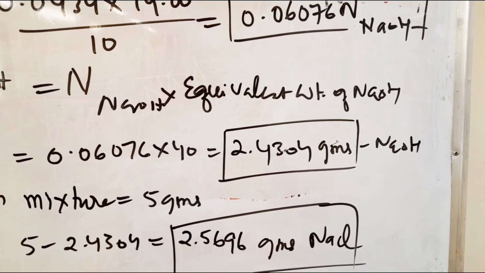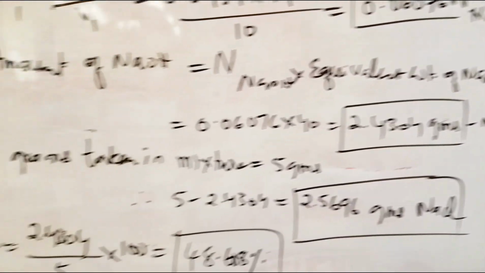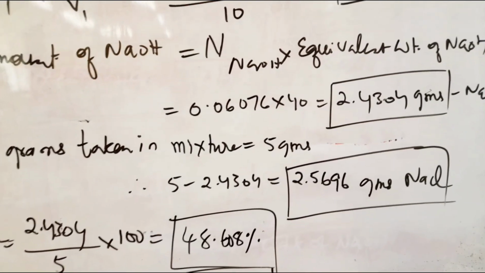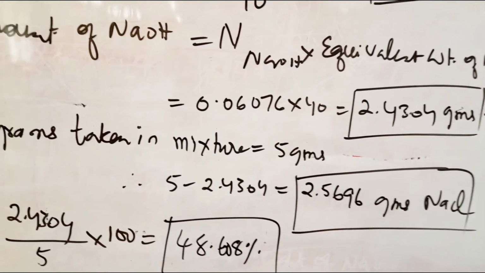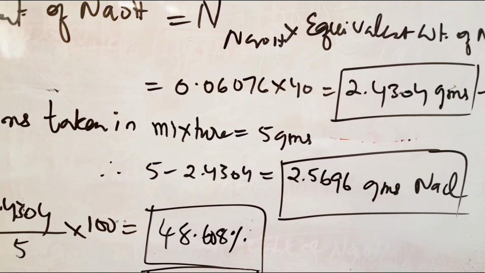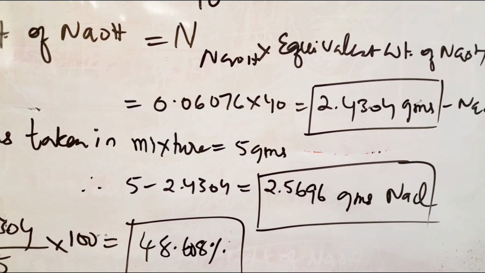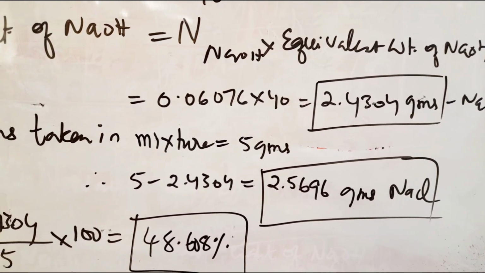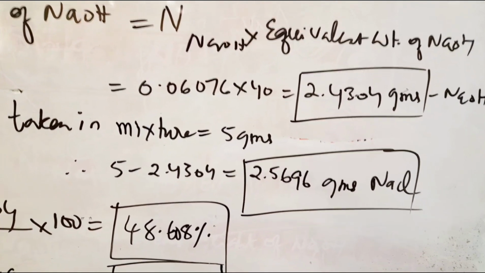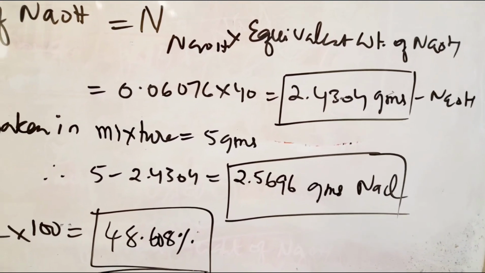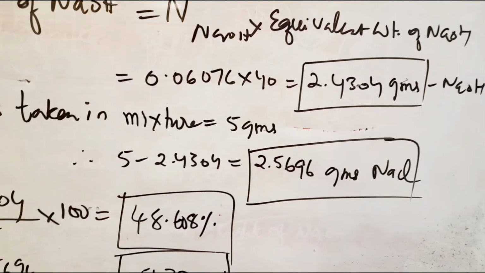Now for the amount of sodium chloride: since the total amount of mixture taken is 5 grams and the sodium hydroxide obtained is 2.4304, 5 minus 2.4304 equals 2.5696. That is automatically the weight of sodium chloride. So the total weight will be 5 grams.